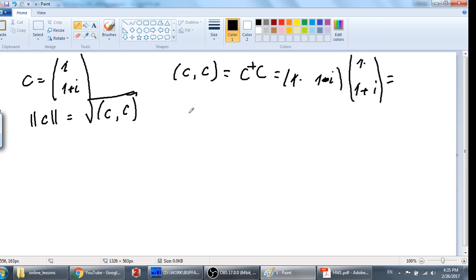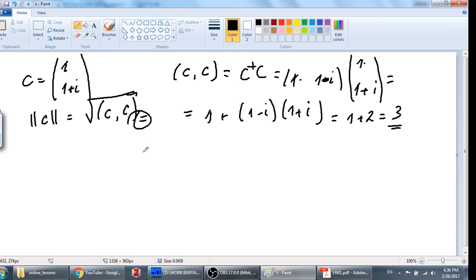And then we basically do the matrix multiplication. 1 times 1 is 1, plus 1 minus I times 1 plus I, so that gives you 1 and 1, and the cross products cancel. That's 1 plus 2, together is 3. So this norm will be square root of 3.